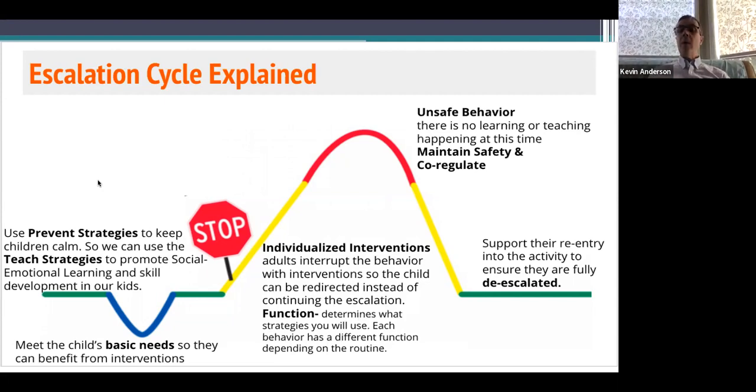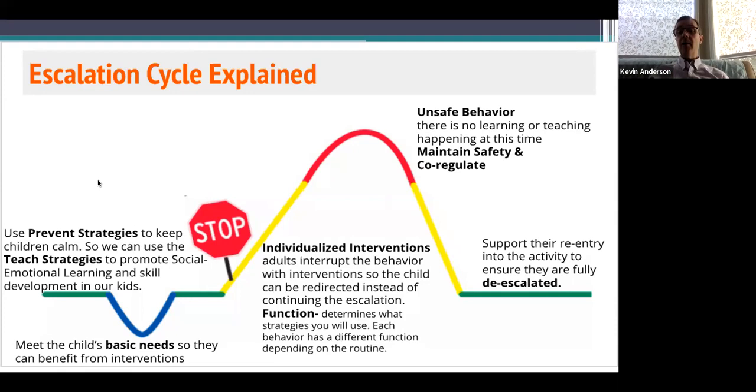At that point of the cycle, all we are trying to do is help get them back to that point where they are able to learn again. So we're monitoring, we're maintaining safety, we're co-regulating with our child, we're starting to maybe introduce some options that we know are going to help bring them back to that green zone where they are again able to learn.